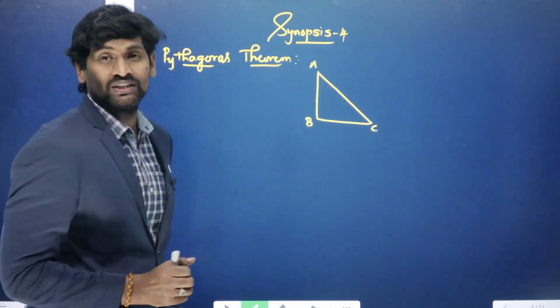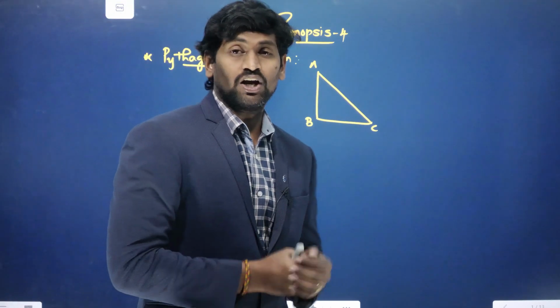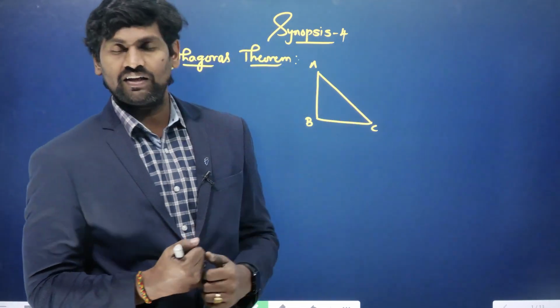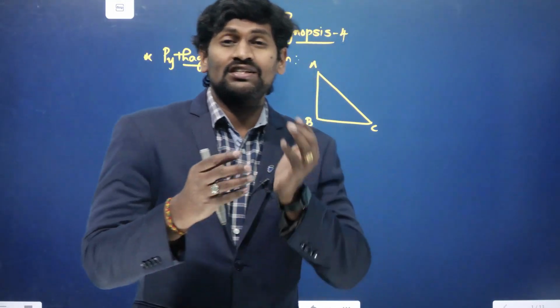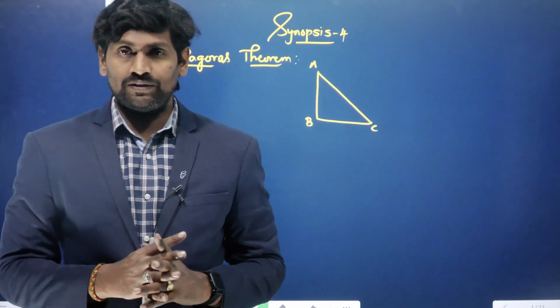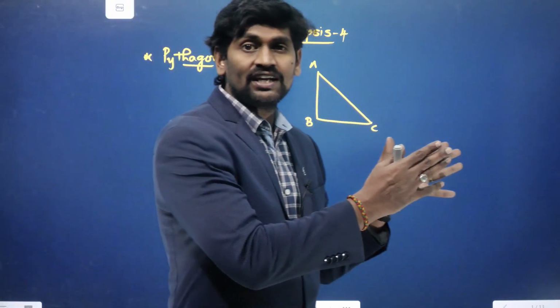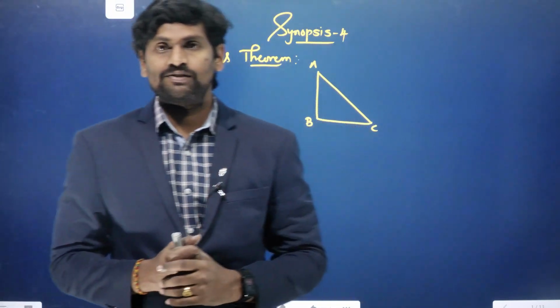Hypotenuse is nothing but the longest side or largest side of a right angle triangle. And here you should remember that the largest side is always opposite to the largest angle. Same way, the smallest side is always opposite to the smallest angle.